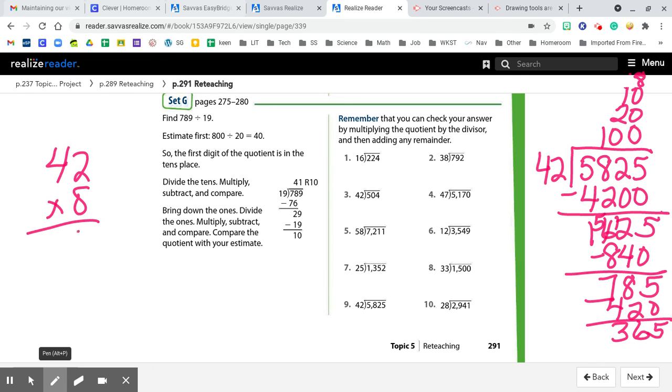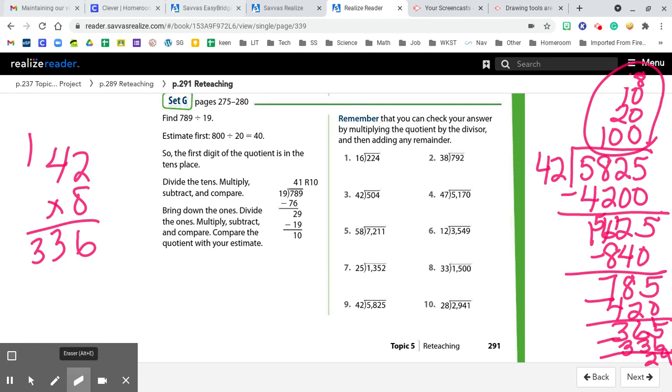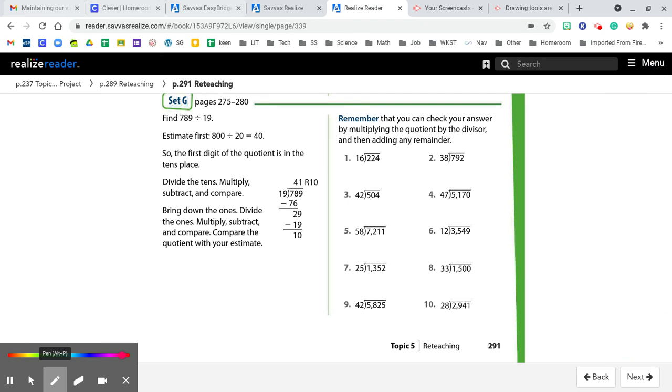And I erased that over here. Shouldn't have done that. So 3, 3, 6. So a 9, 29 is my remainder. So I combine all this. I get 100 plus 20 plus 10 plus 8 is 138, remainder 29. Same answer, just different method to get there.